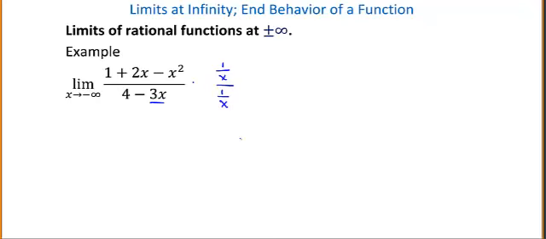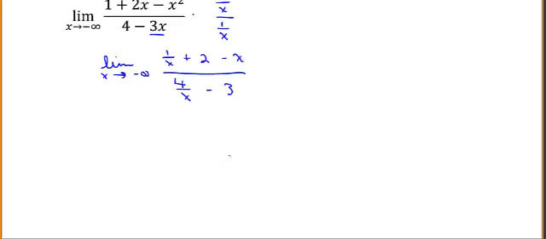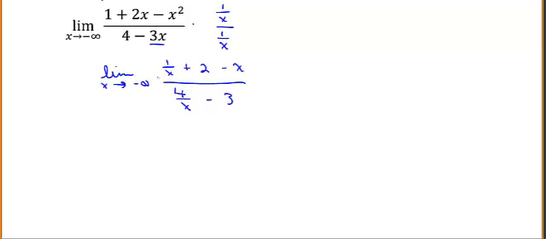This is going to be the limit as x goes to negative infinity of 1 over x plus 2 minus x squared divided by x is x, all over 4 over x minus 3. Now, as x goes to negative infinity, notice the denominator is going to negative 3. The numerator is going to 0 plus 2, plus infinity.